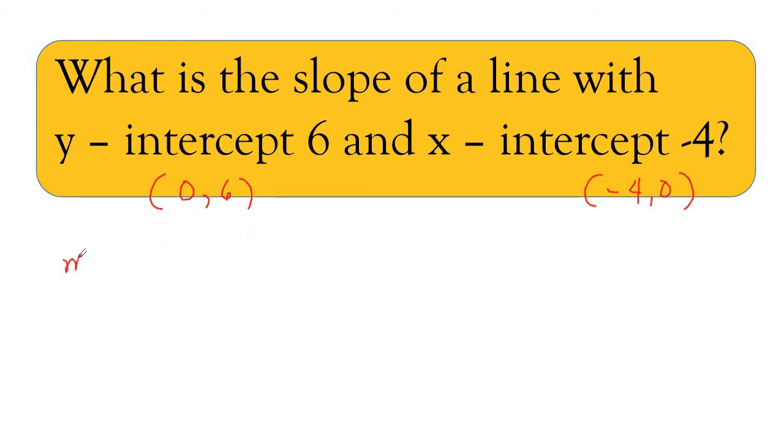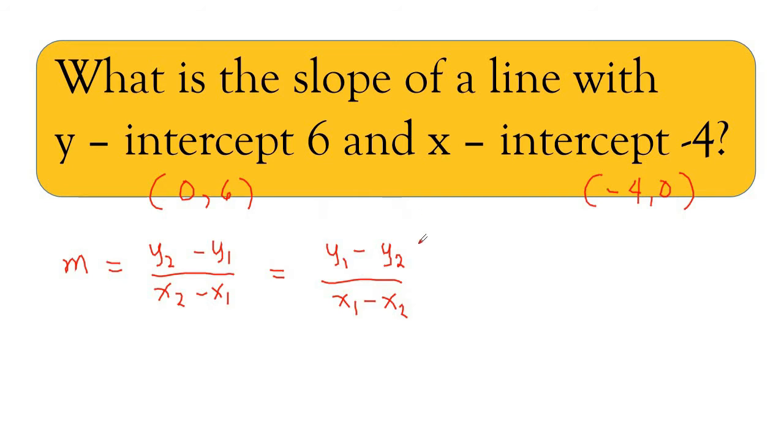We can use the formula m is equal to y sub 2 minus y sub 1 all over x sub 2 minus x sub 1, or the other one, y sub 1 minus y sub 2 all over x sub 1 minus x sub 2 to find the slope of a line, given these 2 points. So I will be using this one.